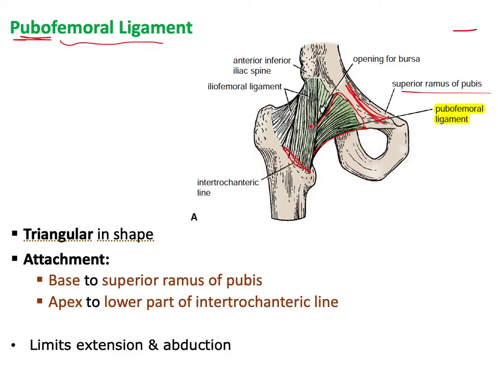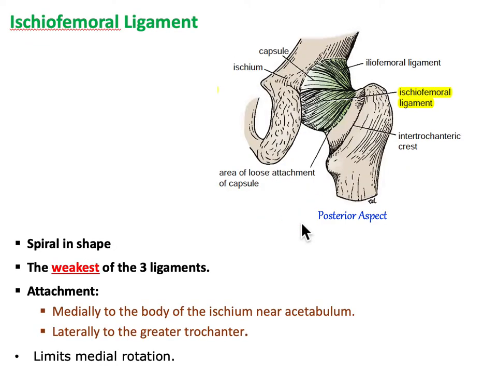The function of this ligament, when you imagine the movement of the hip, is that it limits abduction, right? It prevents over-abduction, and also limits extension of the hip joint.